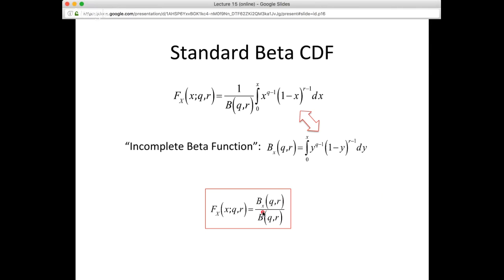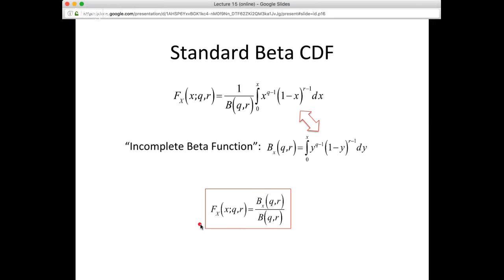And the reason that's a really nice result is that it's very easy just to plug into your calculator or any math program the values of x, Q, and R for the incomplete beta function and Q and R for the beta function, take the ratio, and you get the corresponding CDF value. So this would be a really useful way to calculate probabilities, just like the standard normal distribution was really convenient for calculating probabilities for the normal distribution.